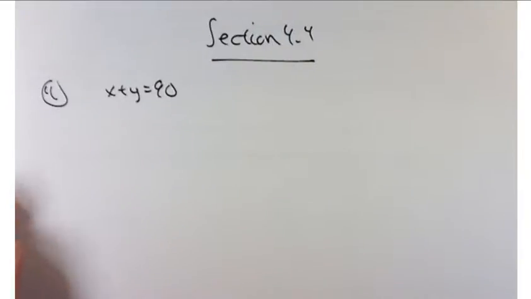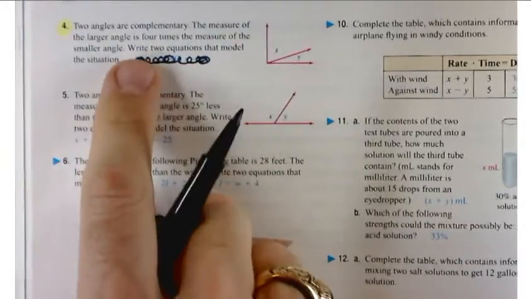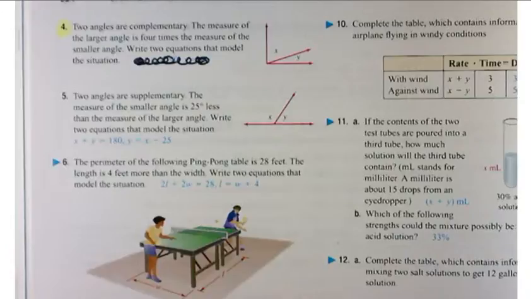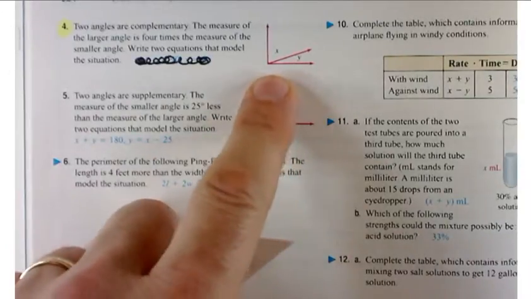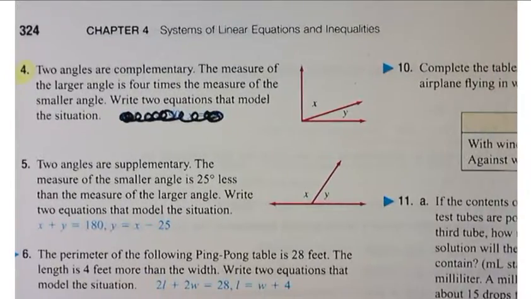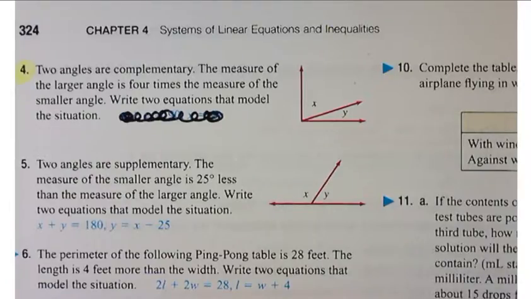Good. Now the larger angle is 4 times the smaller angle. So I need another equation. The larger angle, certainly the way it's drawn here, is x. So what equation puts together x and y in that way? Not quite. We don't have to worry about the 90 part here, right?